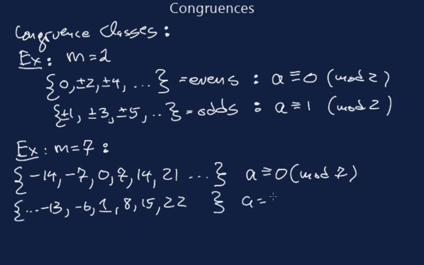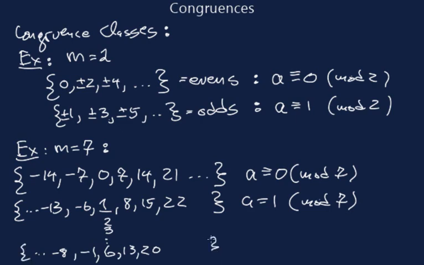All of these are equivalent to each other, and they're all equivalent to 1 mod 7, and so on. And you can keep going all the way up to 6. You can take the number 6 and add multiples of 7 to it, and so on. And these lists of numbers that I have now in braces from 0, 1, 2, 3, 4, 5, 6, these are all sets, and they're all disjoint, and their union is all of the integers.